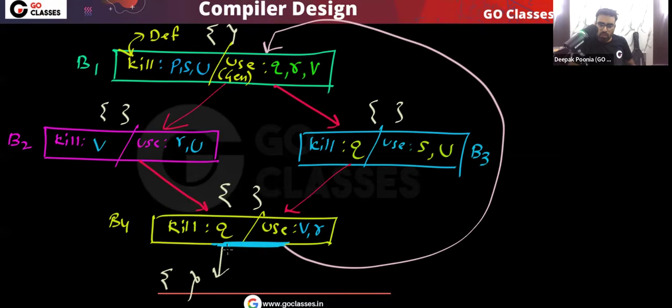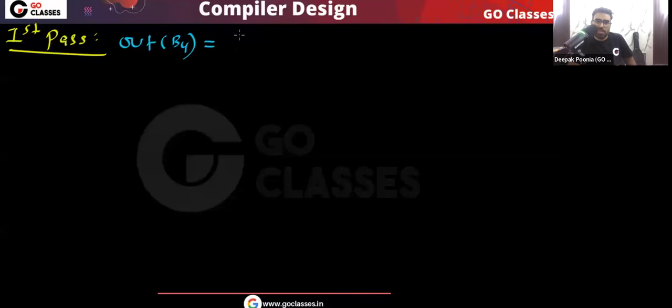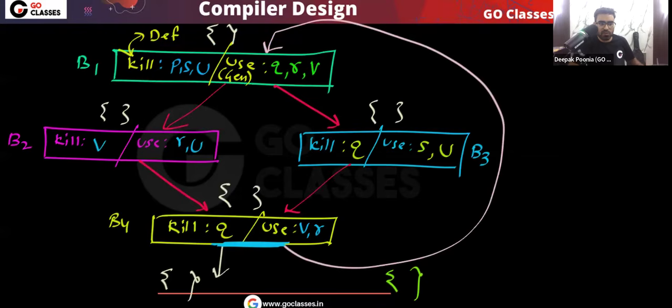On one outgoing edge the set of live variables is empty, and on the other outgoing edge we have in of B1, which initially we assume is the empty set. So out of B4 will be empty set union empty set, overall that will be the empty set. So we found out of B4.